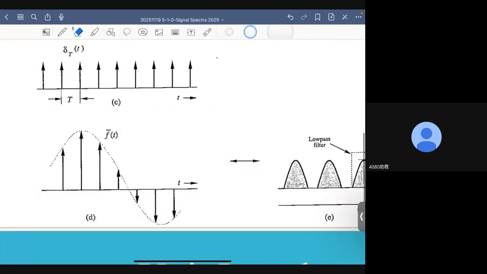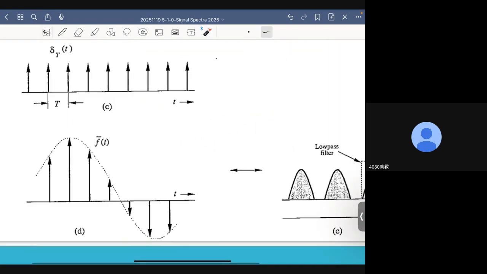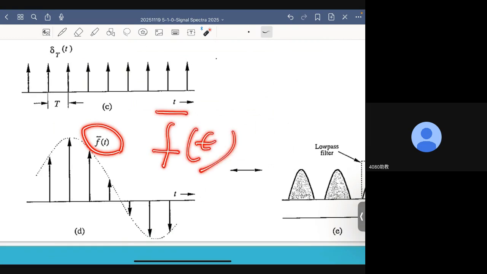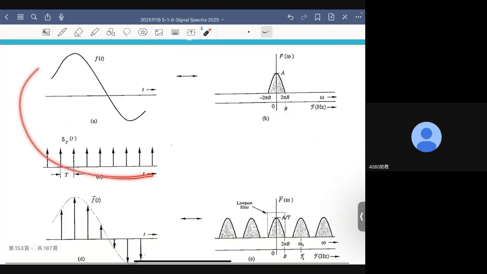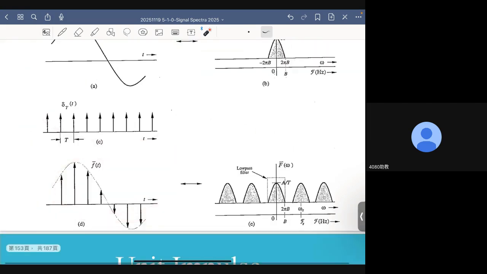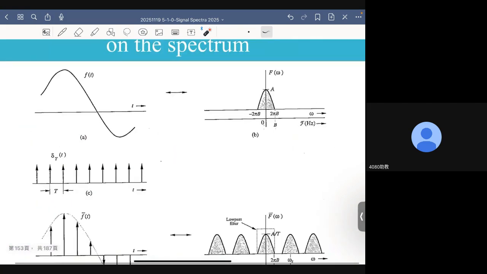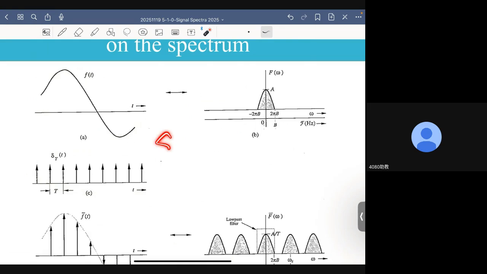The result is a sampled version of the original signal, which is denoted as f bar of t. I think going from here to here should not be difficult. So if I multiply a signal with the impulse train, what I am doing is a sampling operation.